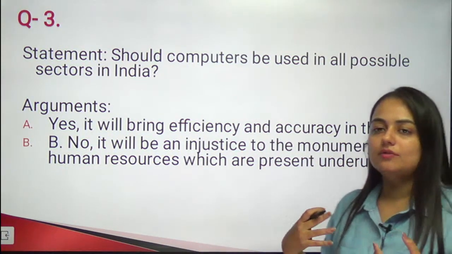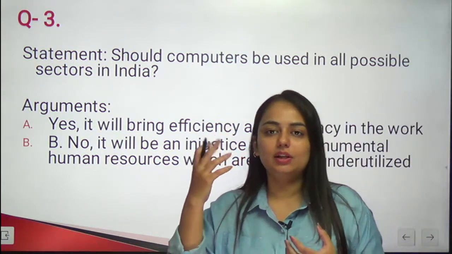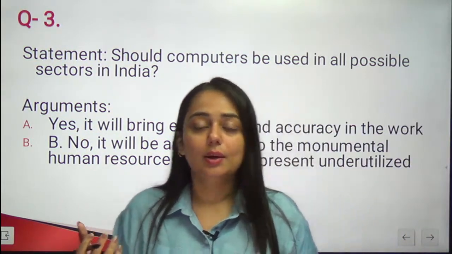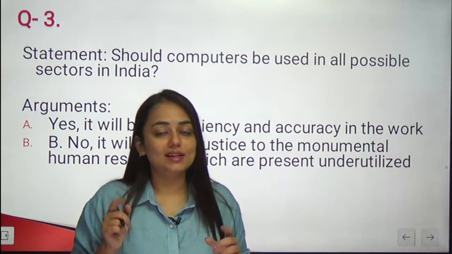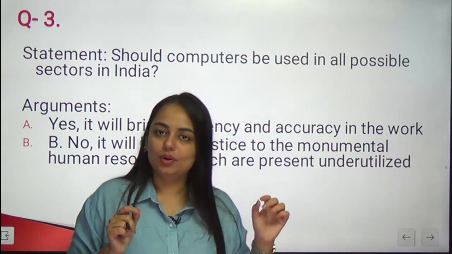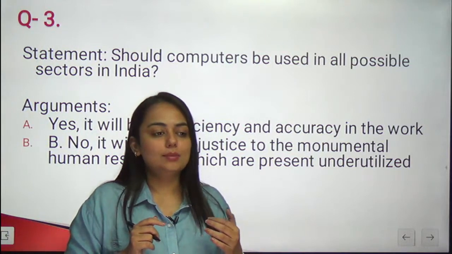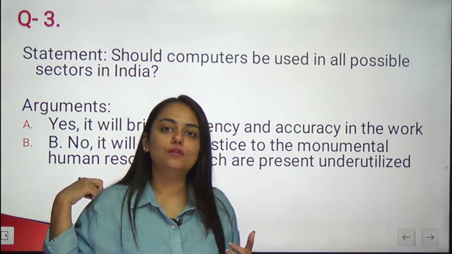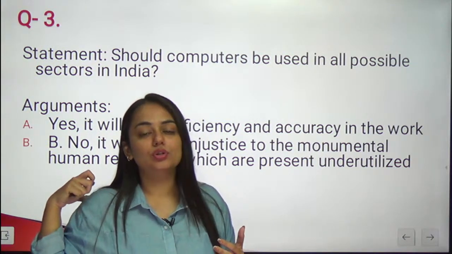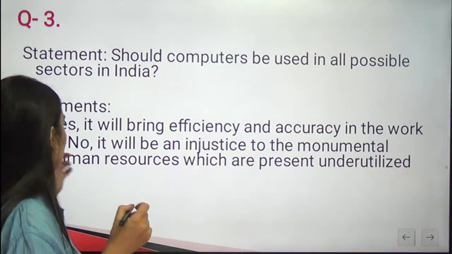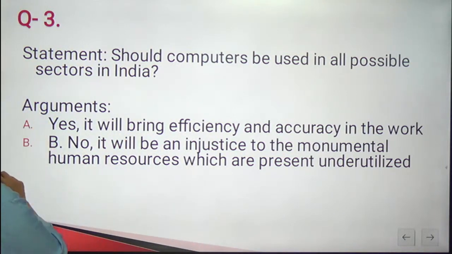We know that if we talk about creativity, then humans excel, right? But when we talk about accuracy and accurate data, computers and machines do it better than us. We may sometimes fall short of the right calculation, but computers don't. So the first is a right or valid argument.